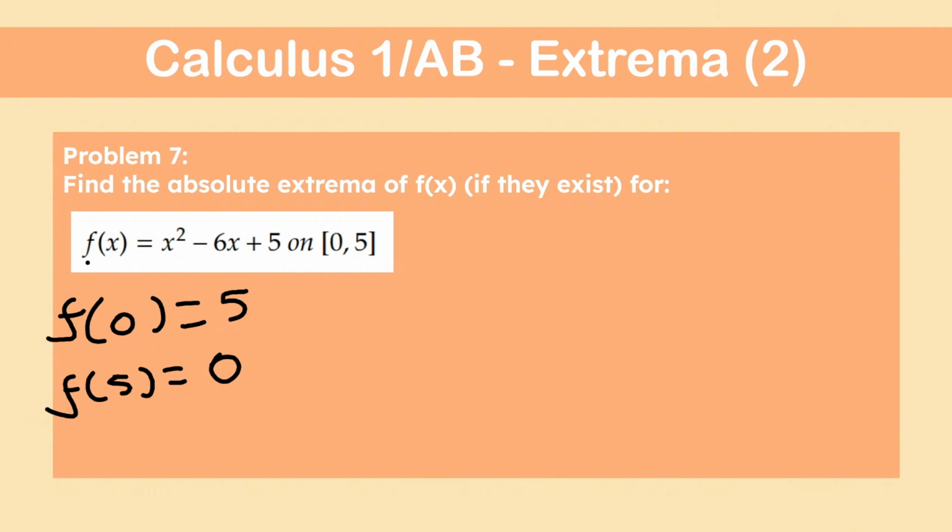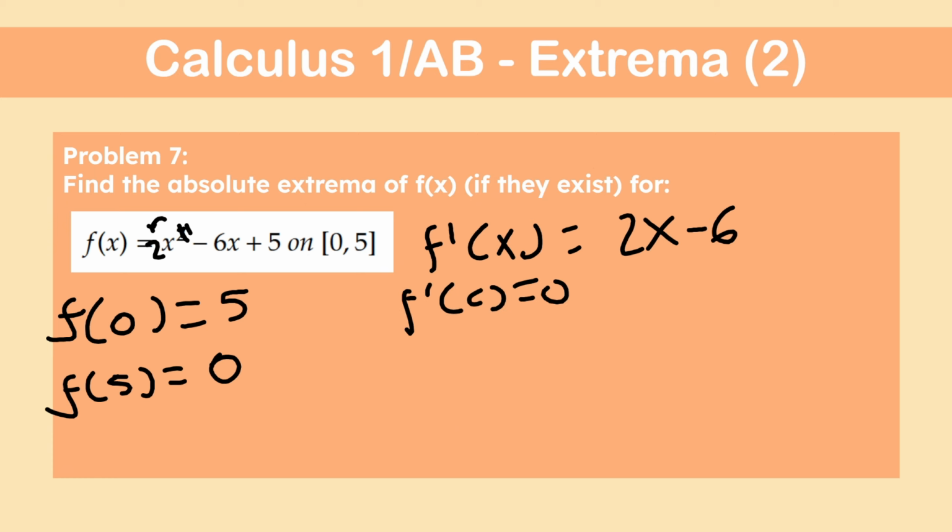So we're going to find the derivative of the function to find the critical numbers. So we have 2x minus 6 as a derivative. Okay, we take down the degree, which is just the power rule. Take down the degree, subtract 1, get to the power 1. So we're looking for when f prime of c is equal to 0, 2c minus 6. We get that 2c is equal to 6, and that c is equal to 3.